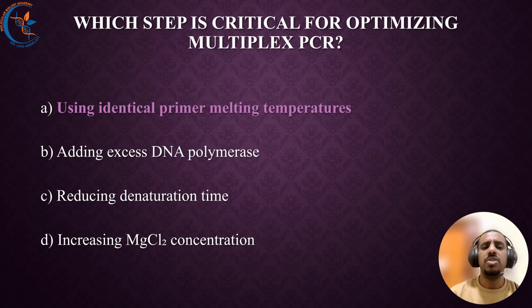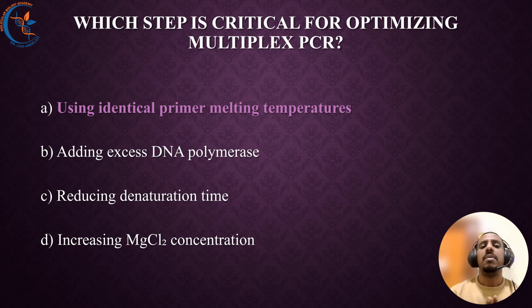The correct answer is using identical primer melting temperature. Okay, when primers have a similar melting temperature, they anneal efficiently at the same temperature during PCR. This consistency ensures that both forward and reverse primers bind properly, leading to accurate amplification.